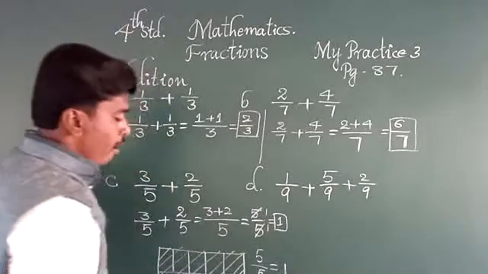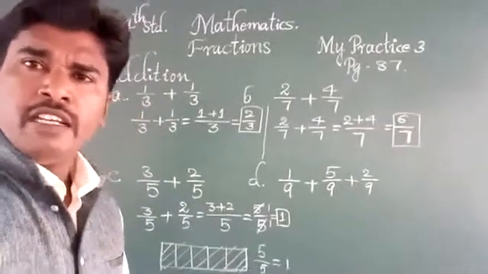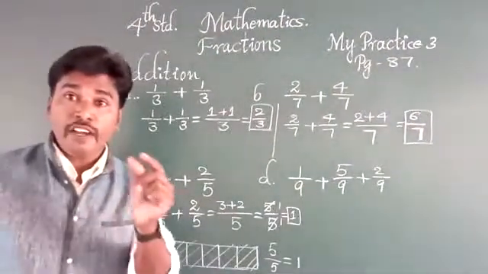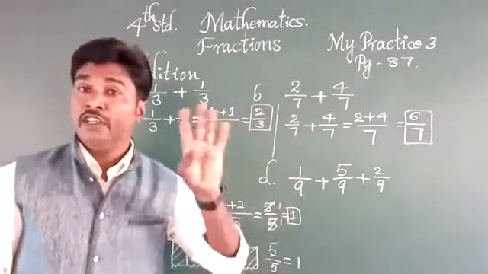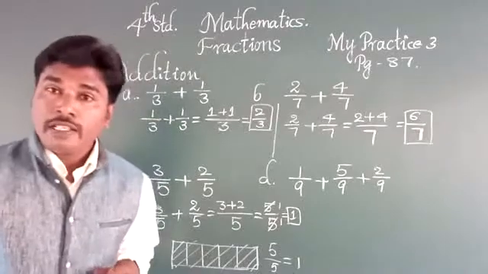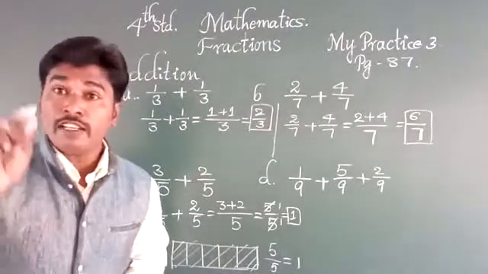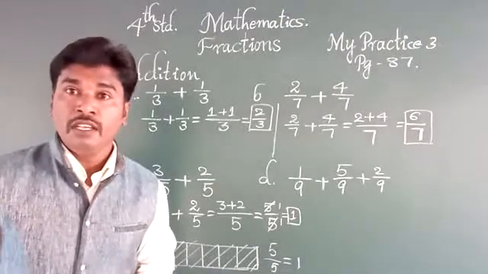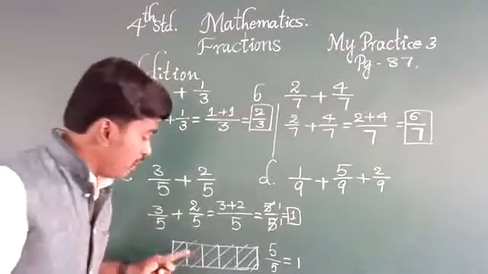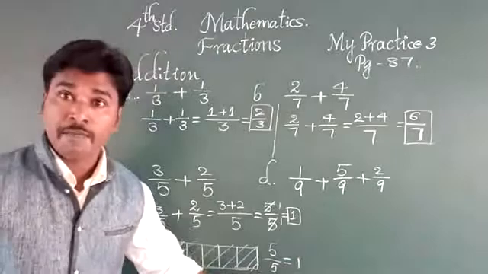You are getting one rectangular bar. Have you observed? If you are eating a Dairy Milk chocolate, if it has 5 rectangular bars and you eat all 5 bars, how many chocolates do you eat? You ate one complete chocolate. So 5 by 5 is nothing but 1.